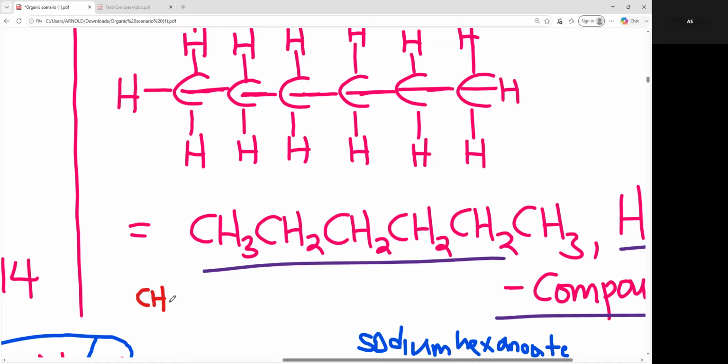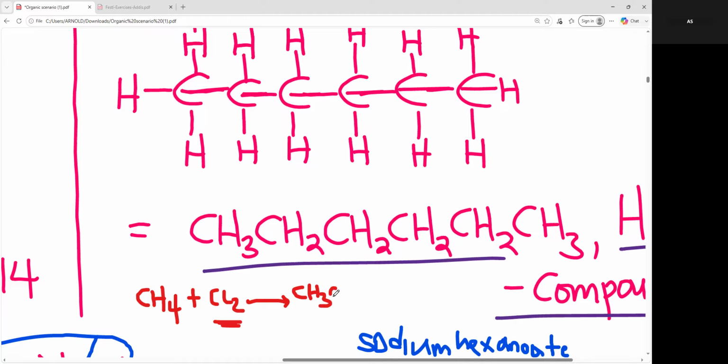If I have methane, this is just an example which I'm going to get rid of. If I have methane reacting with chlorine, this is a halogen substitution reaction. Why do I call it a halogen substitution reaction? Because chlorine is going to substitute one hydrogen of methane. There are two chlorine atoms, but one of them is going to remove the hydrogen from methane, so that methane is left with three hydrogens.